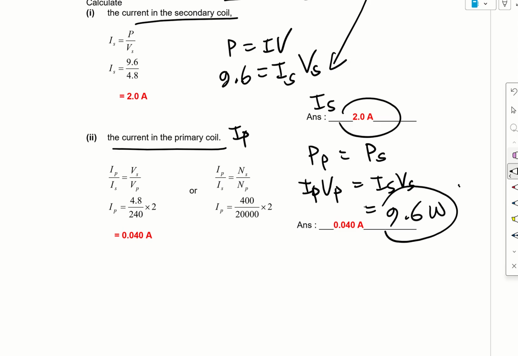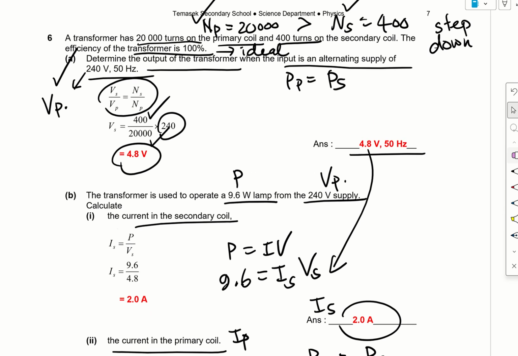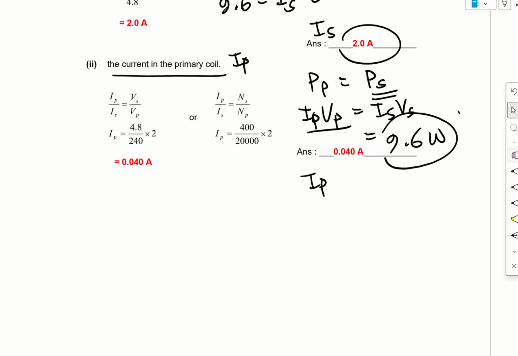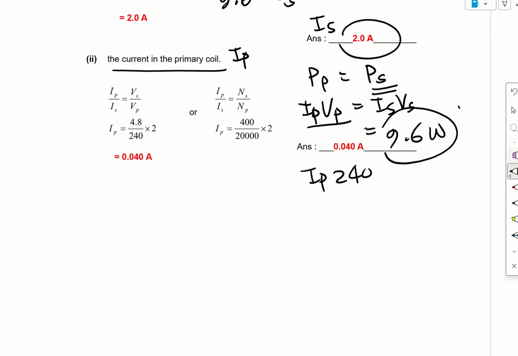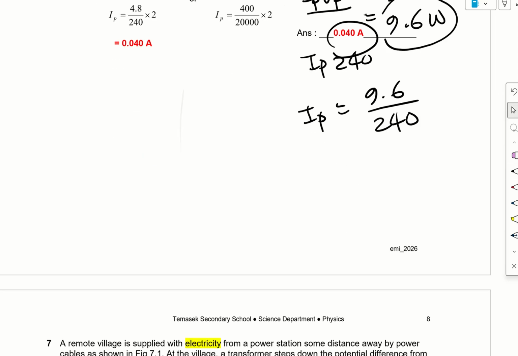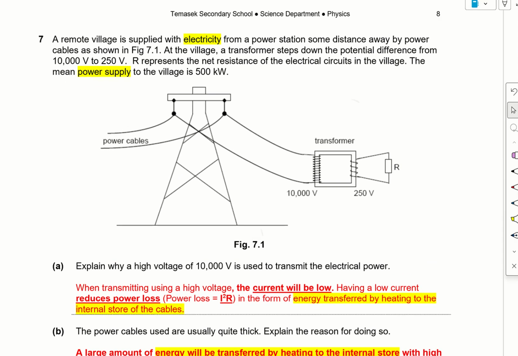IP is what I need to find, VP was 240. So IP equals 9.6 over 240, and you should get this answer. That's why for transformers, it's very important to annotate and make sure that you're talking about the primary side or the secondary side.